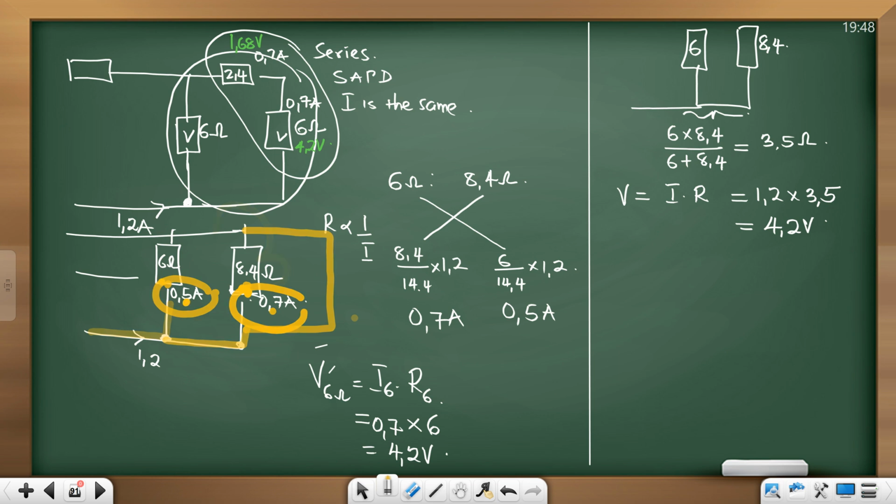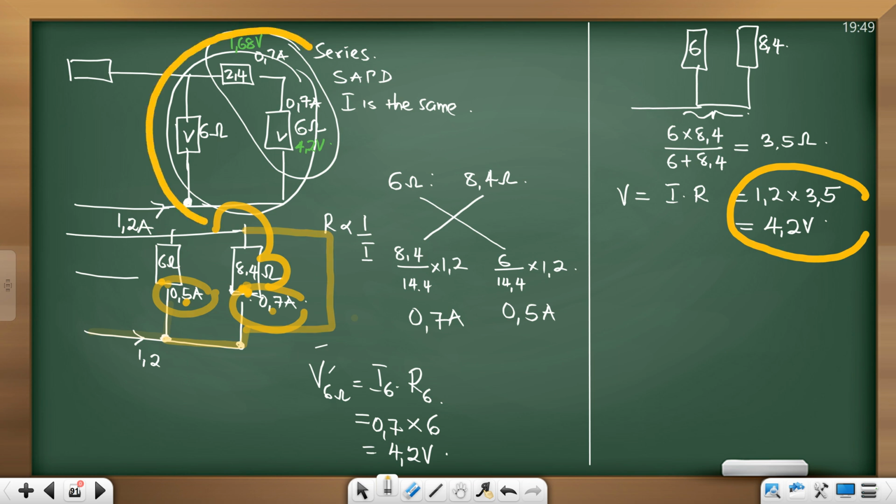That would be 3. Okay, wait, something is not making sense here. Even if they got 4.2 and we got 4.2 as well, I want to see what I did that led me to that 4.2. I tried to calculate the total voltage in this whole block. Are you sure 1.2 times 3.5 will give us 4.2? There's something that is not making sense.